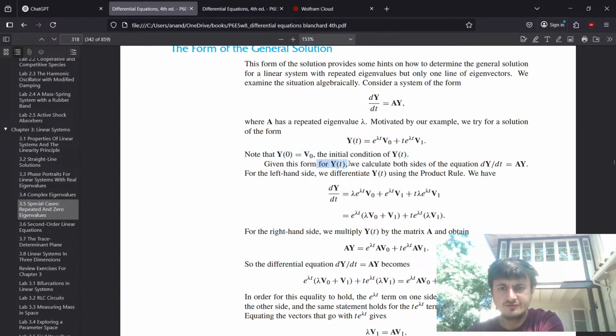Given this form for y of t, we calculate both sides of the equation. For the left-hand side, we differentiate y of t using the product rule.